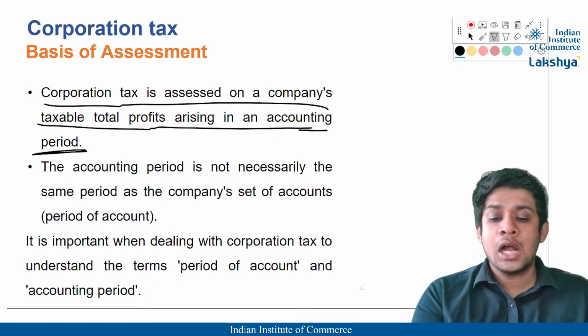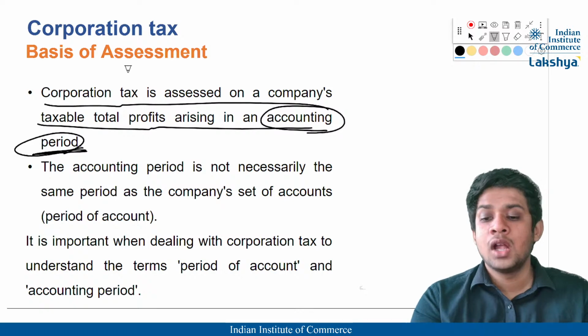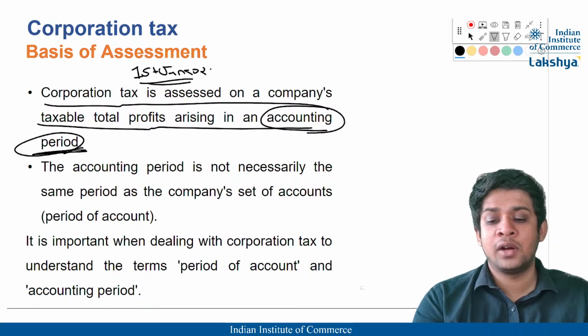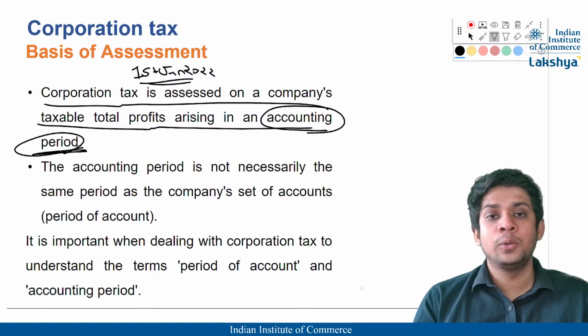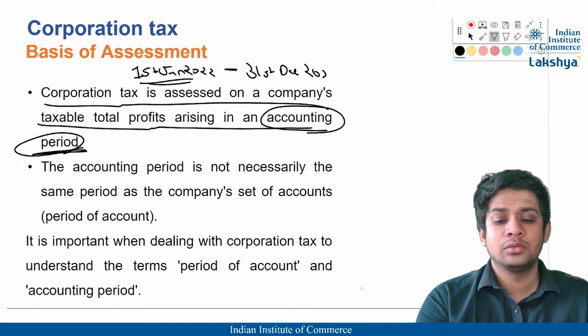Always remember, guys, accounting period is nothing but a period of 12 months. That means it starts from where the company started to trade. Maybe the company started to trade from 1st Jan 2022, and it ends 12 months after that, that is 31st December 2022.